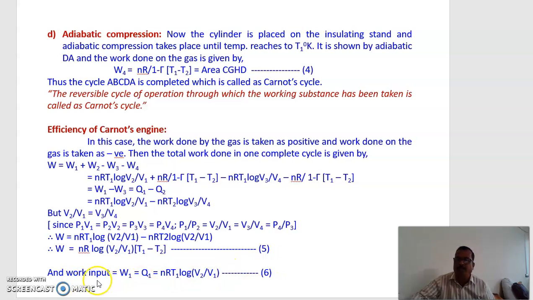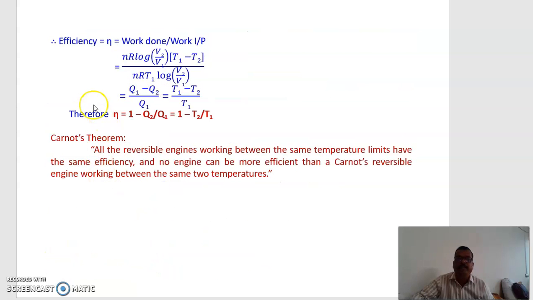And work input is given by, that is our first equation, W1 equal to Q1 equal to nRT1 log of P2 by P1. This is nothing but work input and this is nothing but work output. Then efficiency of Carnot's heat engine is given by eta equal to work done or work output divided by work input.